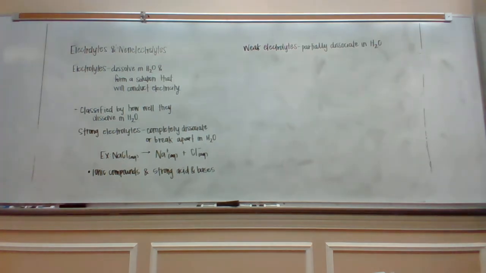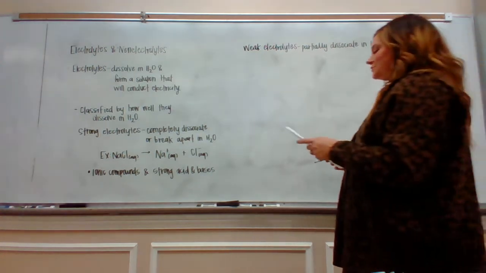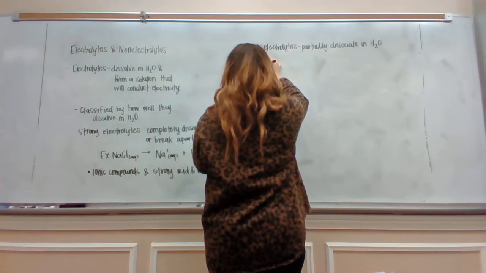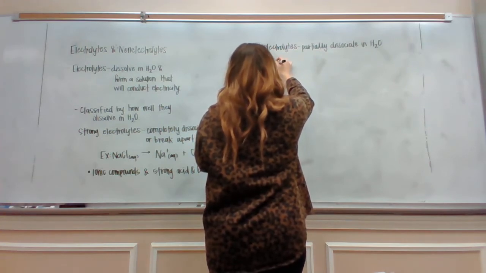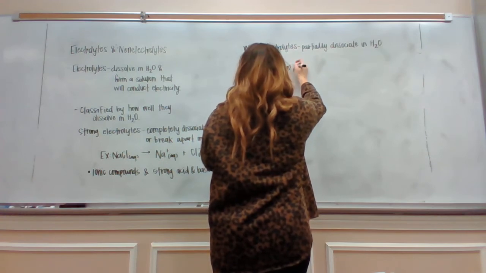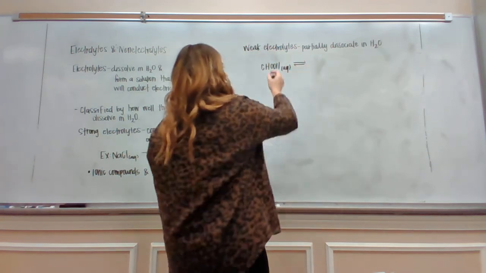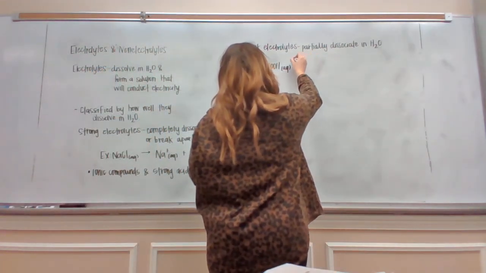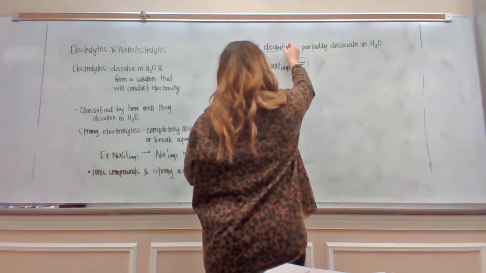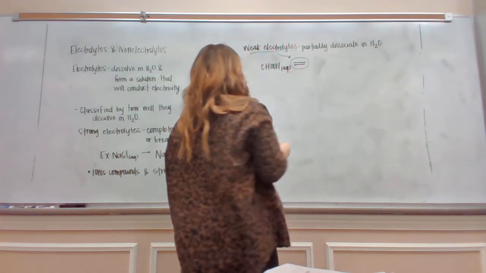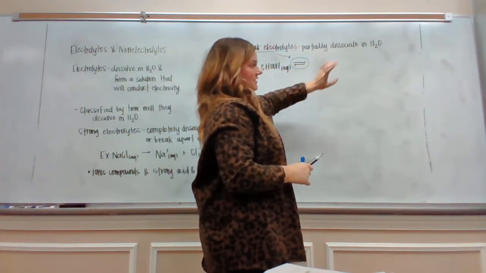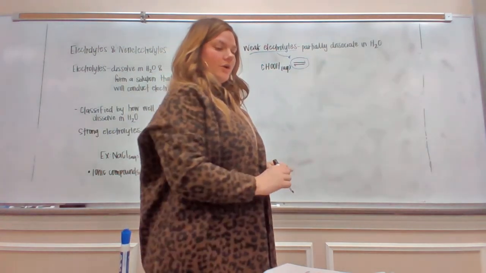A weak electrolyte only partially dissociates in water. When I'm talking about a weak electrolyte, I use this double arrow to show that in solution, I have some of what's on the left and some of what's on the right, because it didn't all break apart.